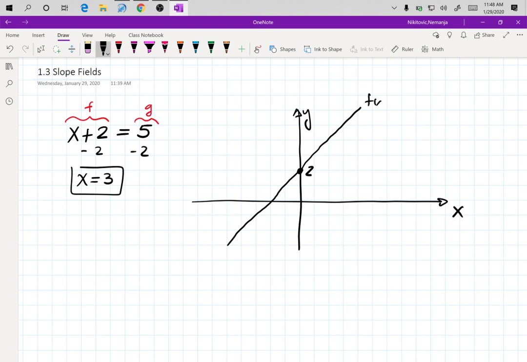That's my function f of x equals x plus 2. Then at 5, I am going to have the horizontal line g of x equals 5, or y equals 5. That is the other function. What do you see with their intersection? They intersect at (3, 5), which on the x-axis has x equals 3, which is your solution. You were looking for a number that fits this equation, and that number is x equals 3.